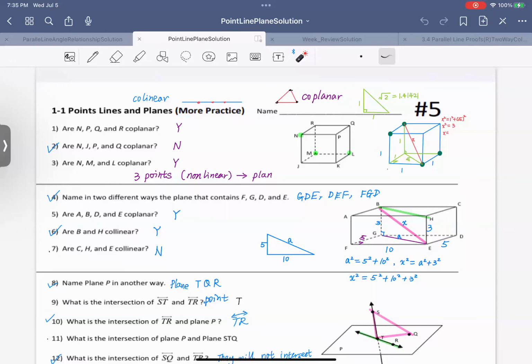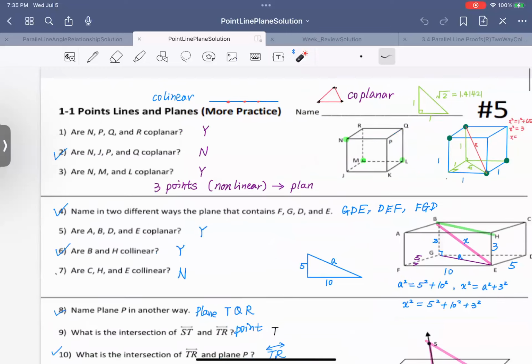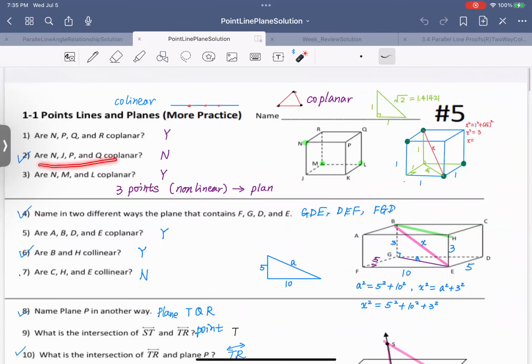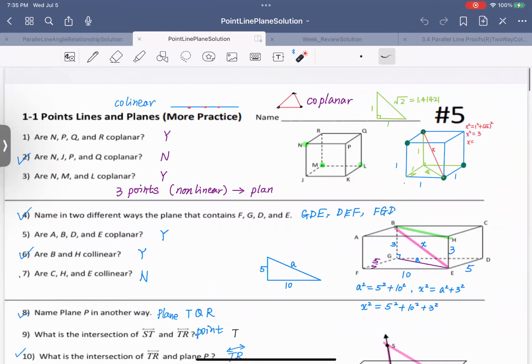And then let's take a look at this. N, J, P, Q. Look at your cube that you drew just now. Mark these several letters.